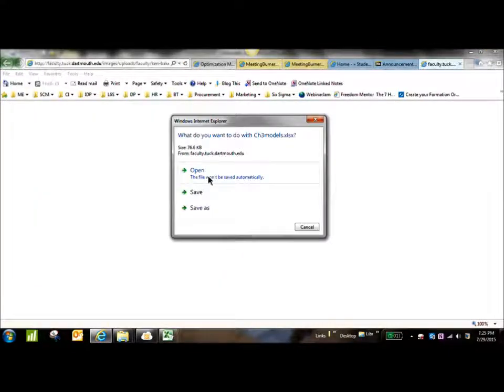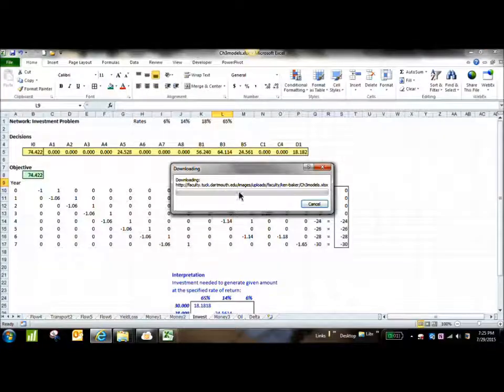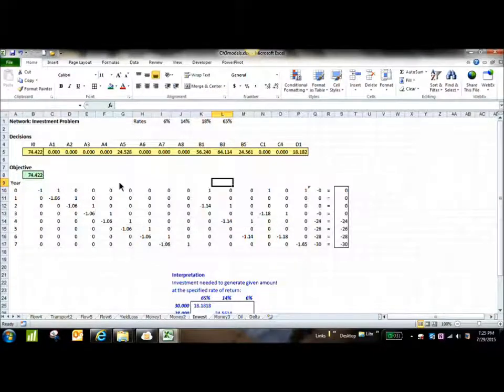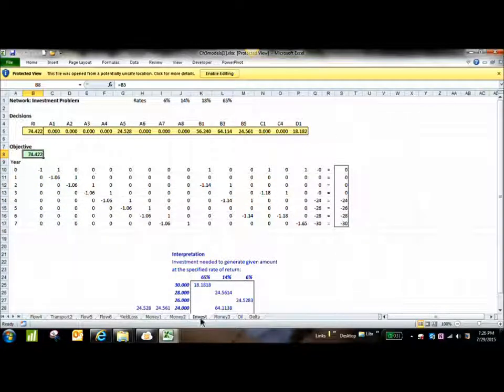Once you open that file, it will look something like this. Once you go to the Invest tab, you should be able to see this kind of investment problem. This is pretty much exactly identical to the one in 3.8.